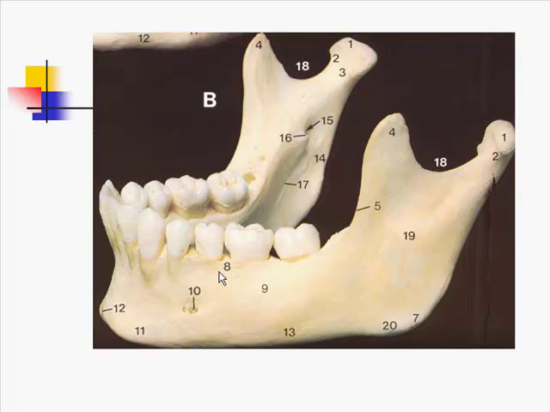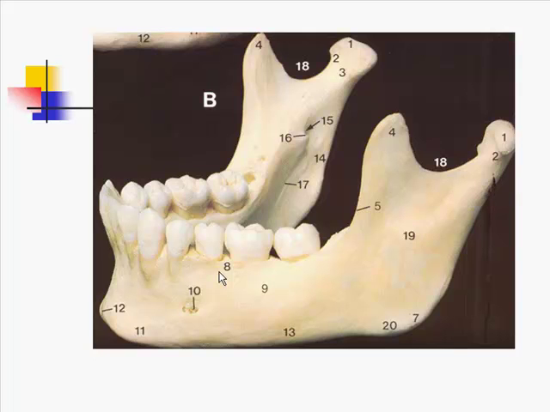If we were to take a look at 18, that's the mandibular notch. 4 is the coronoid process.